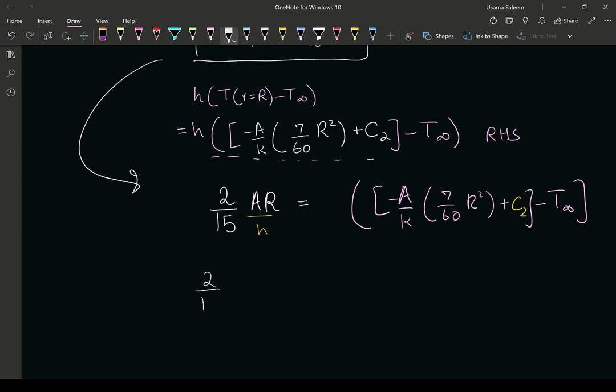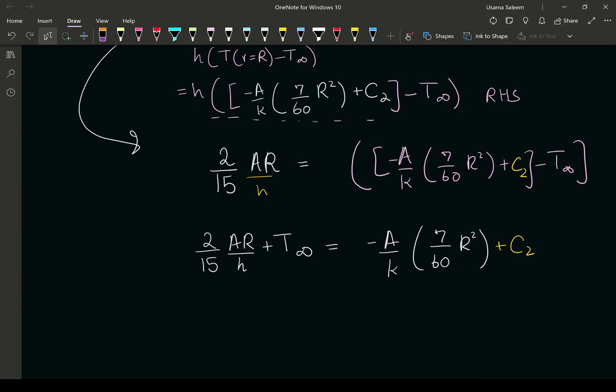You're gonna get 2 over 15 A R over h plus T infinity, and all of that is gonna equal negative A over K times 7 over 60 R squared, just making sure I'm not missing any parentheses, plus C2. And voila, C2 is just gonna be equal to our final algebraic step.